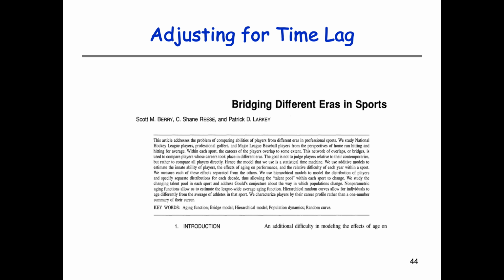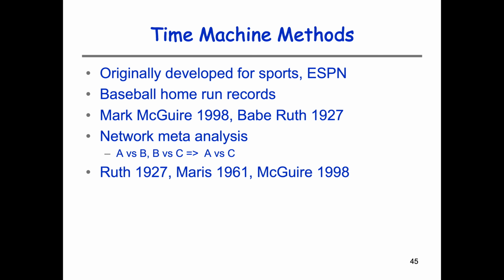Now, adjusting for time trend, this is the time machine I mentioned. I might just say that this began in bridging different eras in sports. It was originally developed for sports and mainly to be broadcast on the sports network ESPN. So the first application was the baseball home run records.